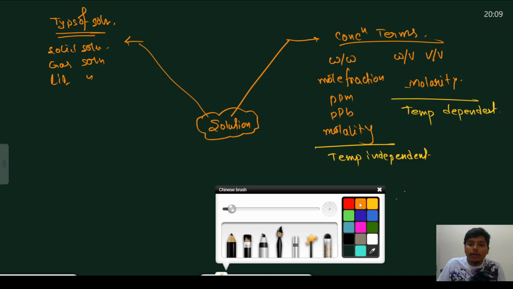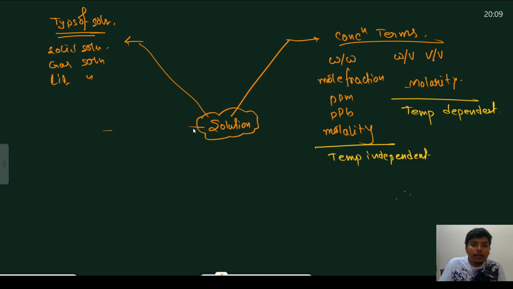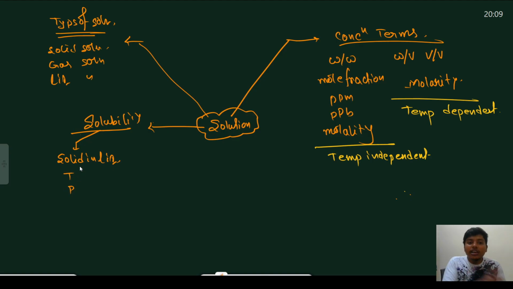Next, we went to solubility. What do we learn in solubility? What is solubility and all. Then we learn solubility of solid in liquid, dependency on temperature, dependency on pressure. Solid in liquid doesn't depend on pressure, no effect.